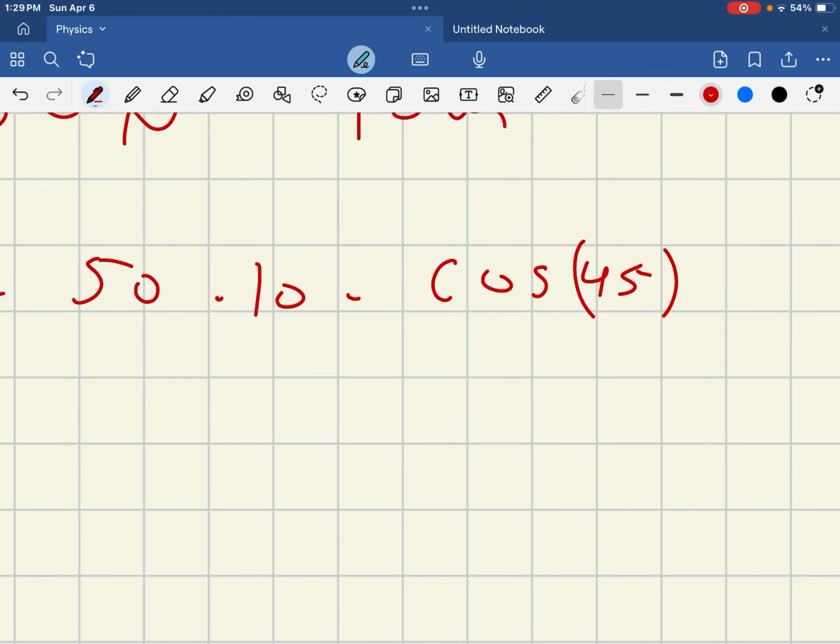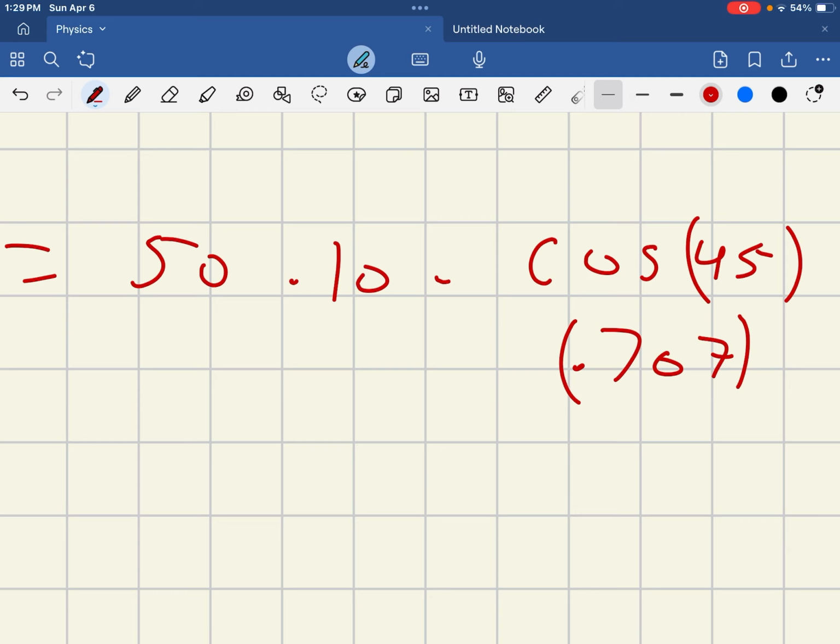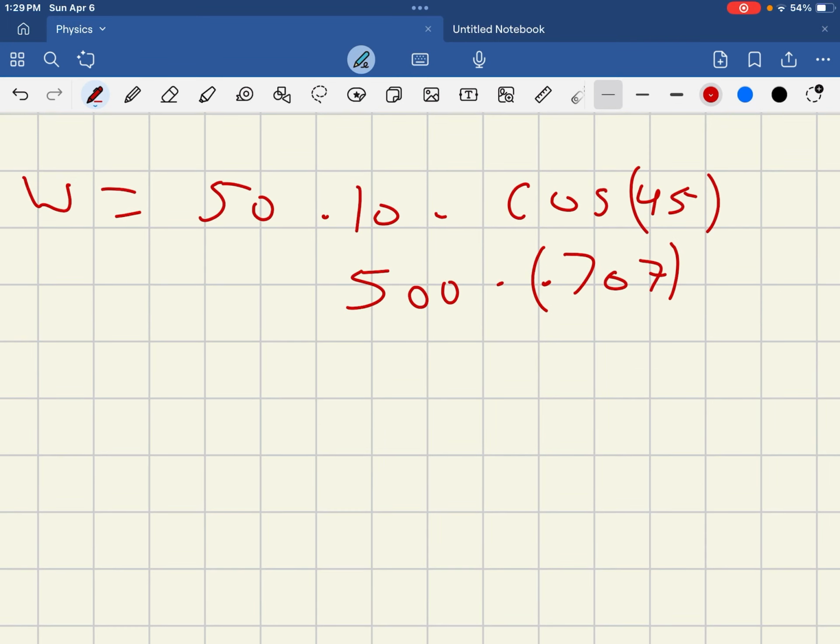So we know cosine of 45 is about 0.707. You could just type it in your calculator and get a more accurate result. But for this, I'll just leave it in there. So we have 500 times cosine of 45.